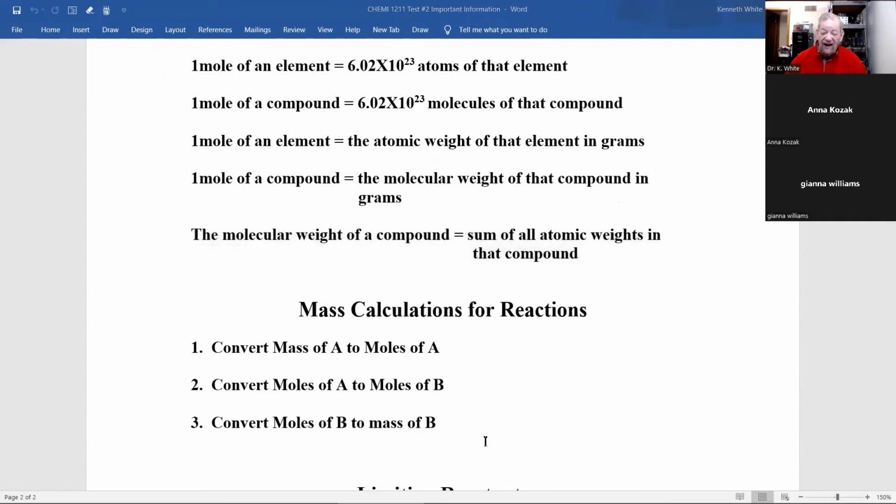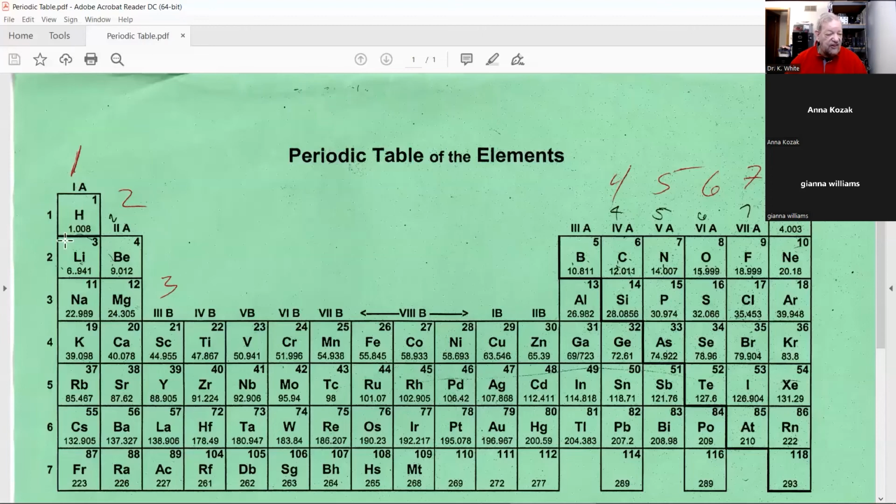So now I have to go to my periodic table for hydrogen gas, H2. There's only hydrogen, the atomic weight, the number underneath, rounded off to 3 significant figures. On your test number one, please round off all atomic weights to 3 significant figures. That's my gift to you, makes your life easier. It's 1.01.